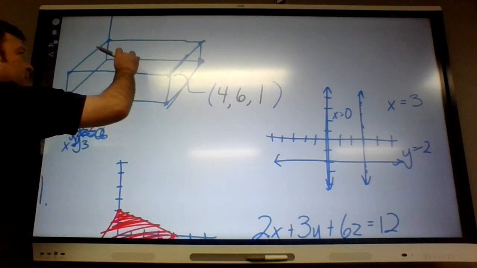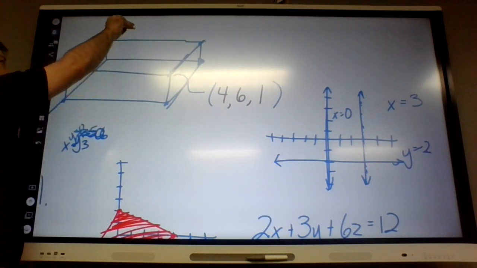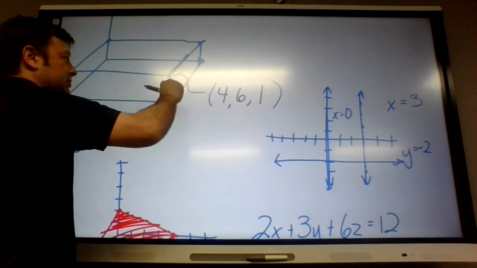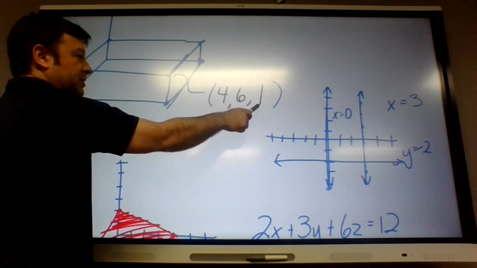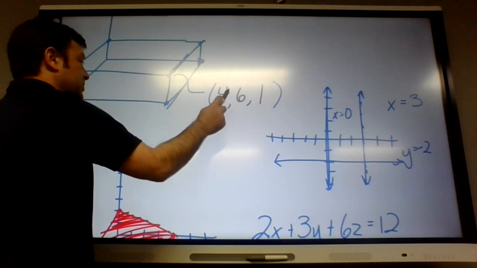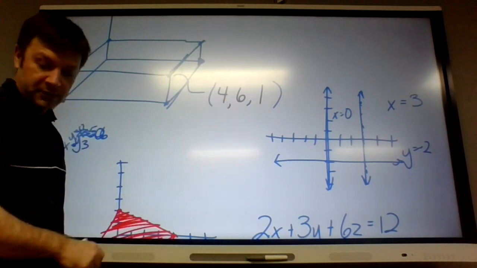So this top plane is going through the z-axis, so it's going to be a z equals plane. And what is z equal to? Well, based on this, it's 1 up. So it's just z equals 1 for 7a.